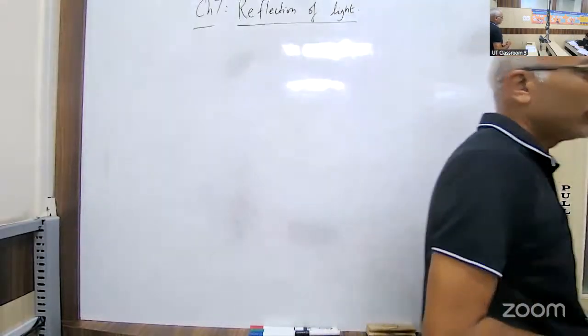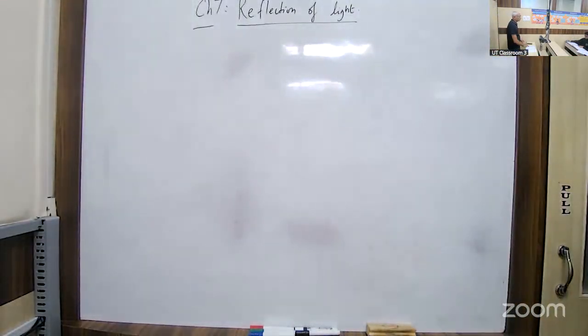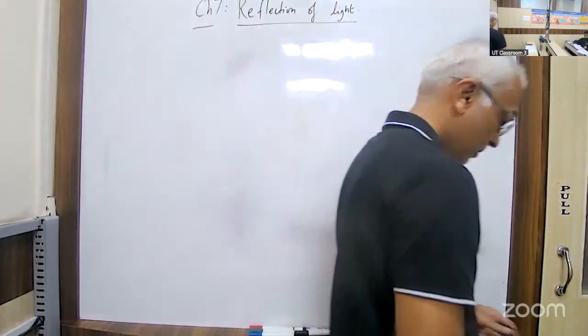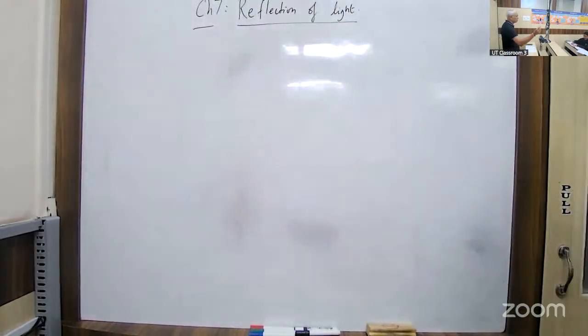So what is light? That form of energy which lets us see objects around us. So light is a form of energy that lets us see things around us. Can you explain the seeing mechanism?